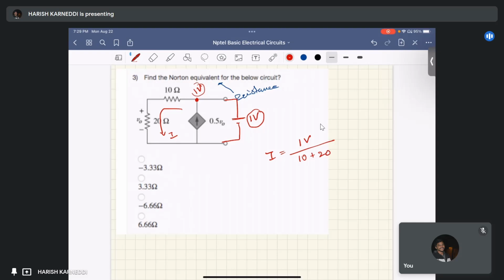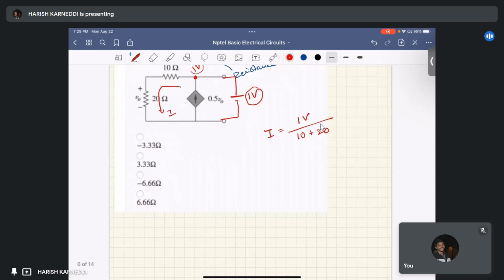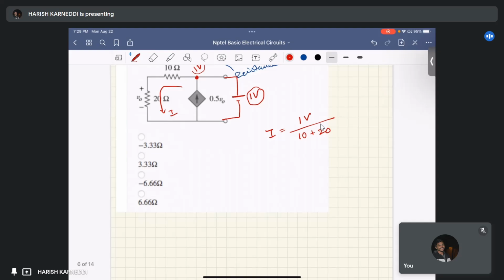Because 10 ohm resistance and 20 ohm resistance are connected in series, so the equivalent resistance will be the sum of those two resistors, so the current will be 1 by 30, that equal to 0.033 ampere. Okay, now what is the V naught?